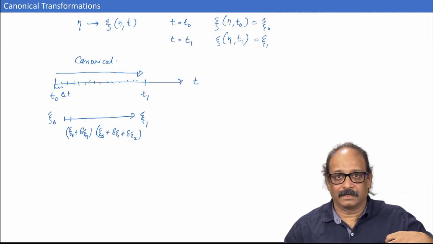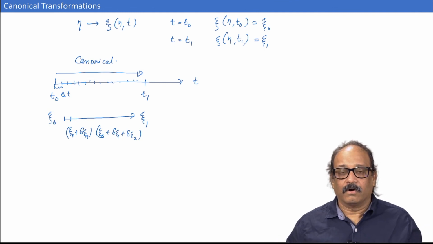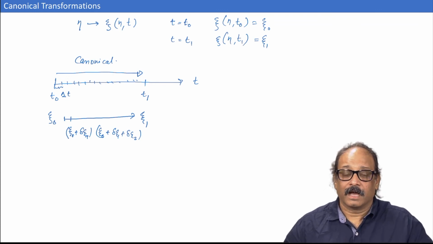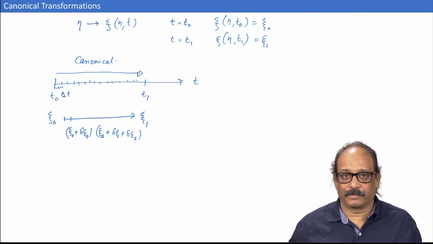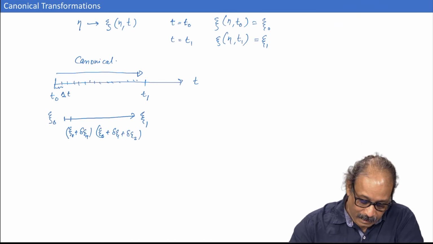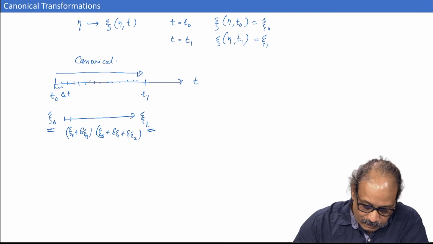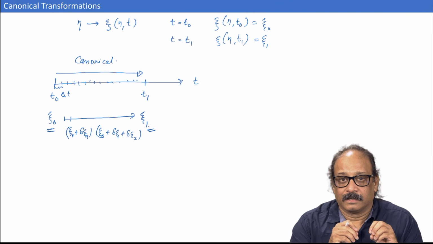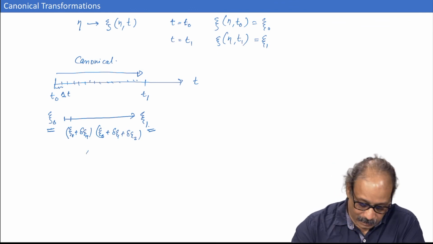So, what will happen here is the Jacobian matrix of the total transformation also will appear as a matrix product of the individual infinitesimal transformations, and if the individual ones are symplectic, the total product is also symplectic. That is how you go from xi 0 to xi 1, okay, and ascertain that the transformation between xi 0 and xi 1 is canonical.